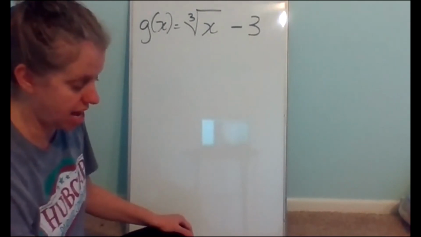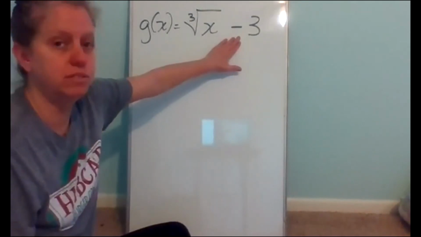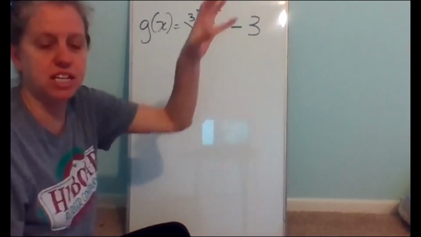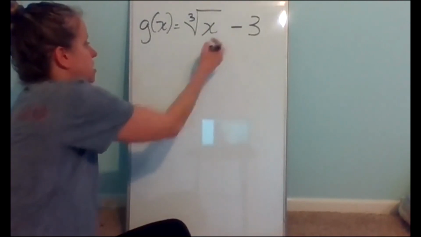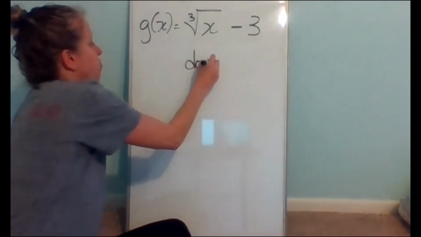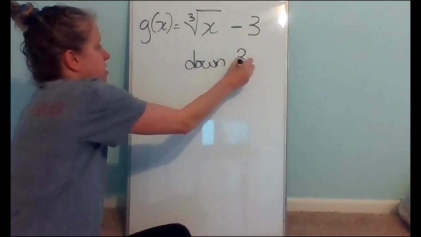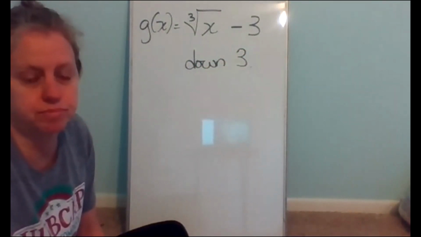So that's an outside number. Outside numbers shift me up and down, and you go with the sign. So this one, since it's minus 3, it would shift that shape down 3.